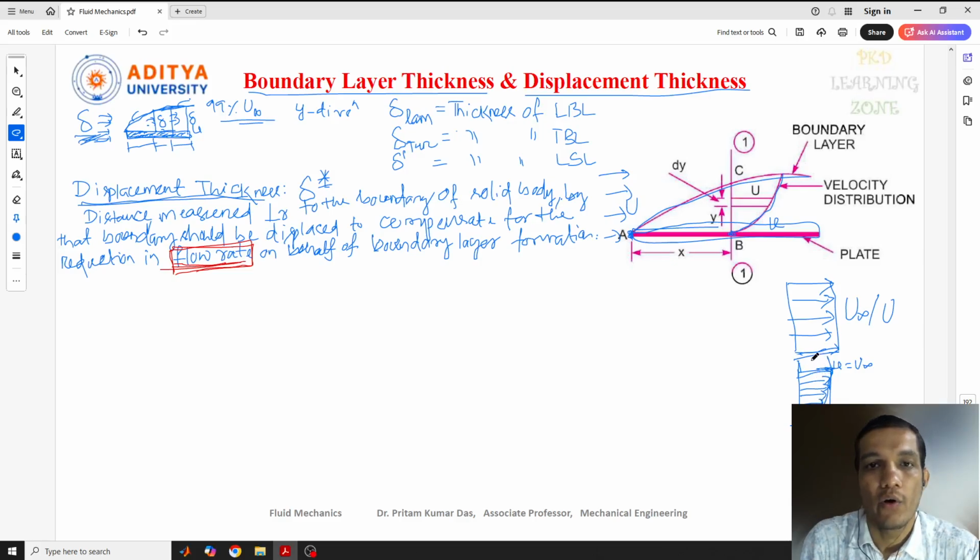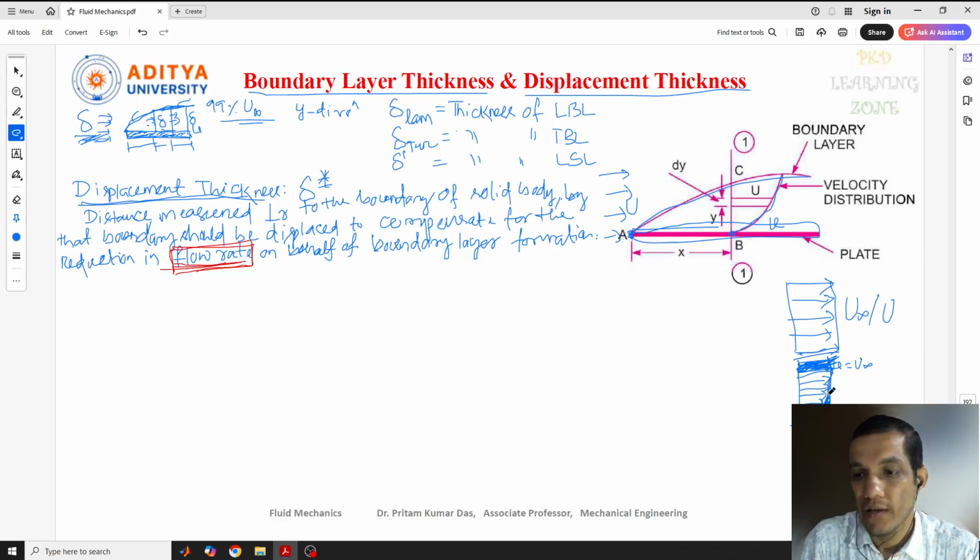form a new boundary layer formation, after fulfilling the flow rate that was lost. So for that, we'll just increase some boundary layer formation at this level. Initially this is the loss of flow rate, because this is the gap we got here, because velocity was changed here. Velocity is reduced, and there is a velocity gradient formation.